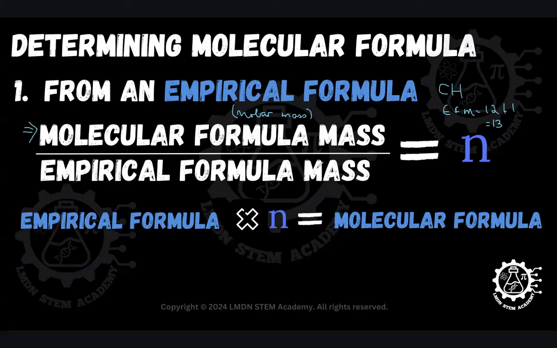So then we can take the molar mass that will be given to us in the question and divide that by the empirical formula mass that we're able to deduce, and we'll get a factor n, right? So this factor n is a factor that connects the empirical formula to the molecular formula. And we saw glimpses of this early on, right? That there's a factor that connects the two things.